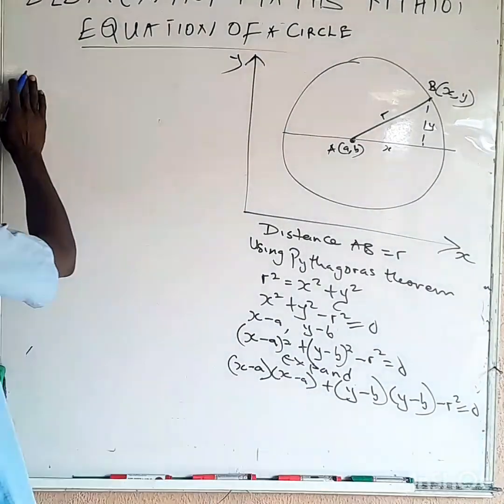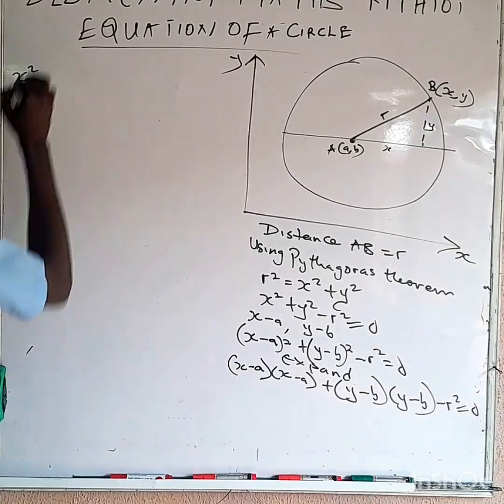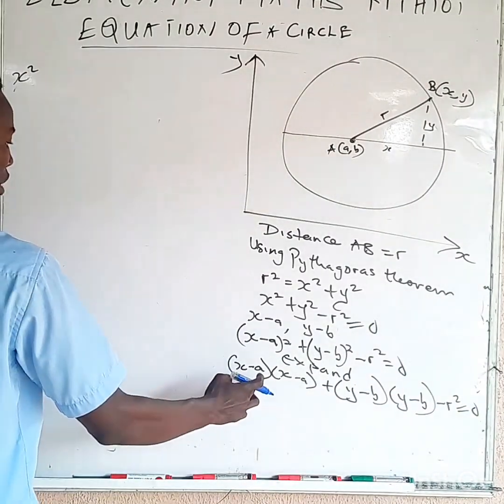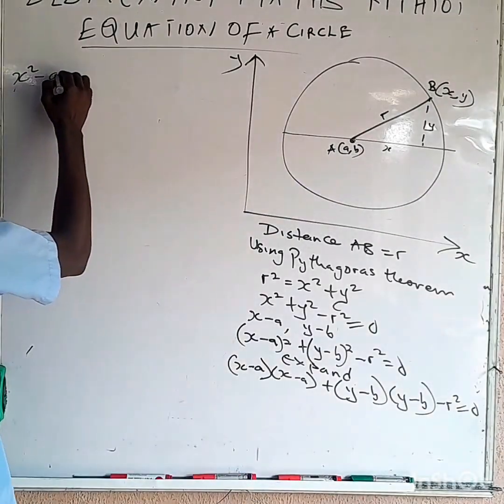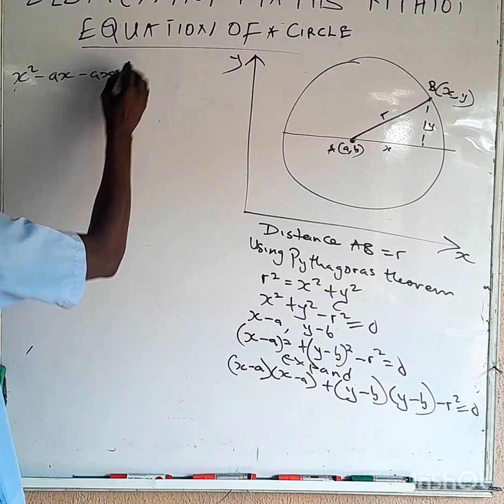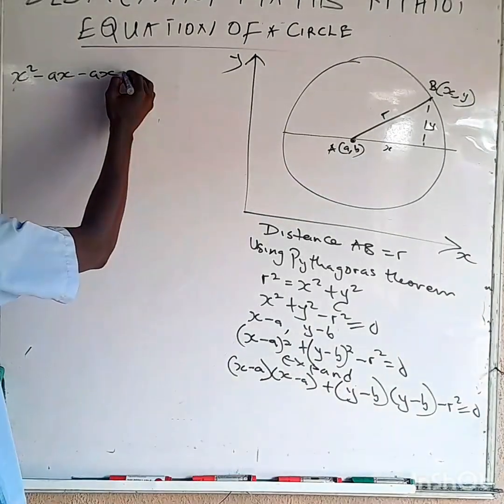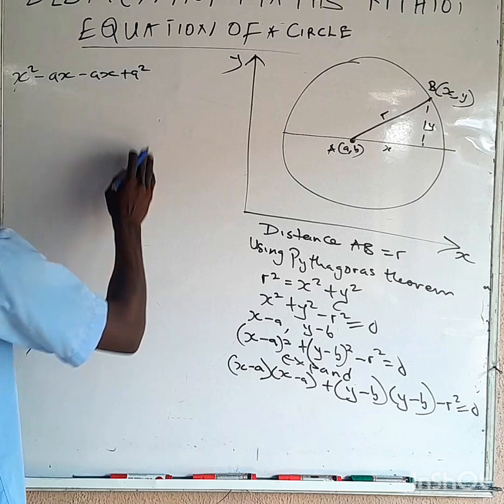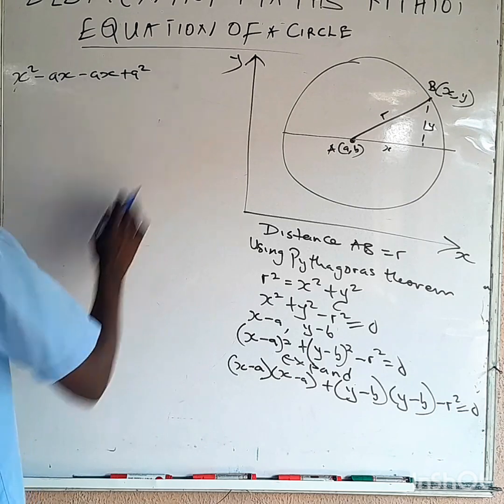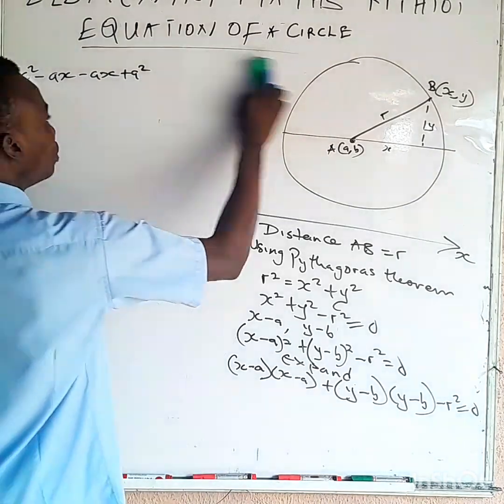So this equation that you have in this place, what are you going to do with it? You simplify it. So when you simplify it, it will give you x squared, that is this times this, x squared. So this times this, you are going to have minus ax, another minus ax, so you are going to have plus a squared. You proceed.